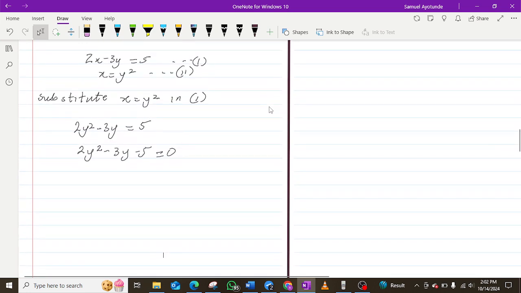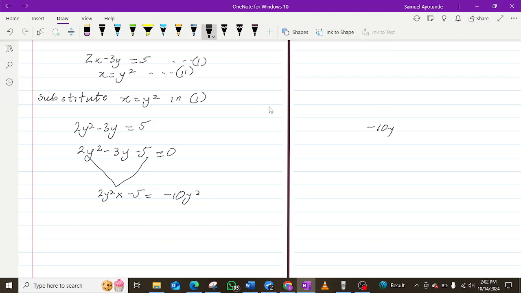So from here, I solve the equation. We need to first multiply this and this. So that will give 2y squared times minus 5, which is minus 10y squared. So I'm looking for two values whose product is minus 10y squared, and whose sum or difference is minus 3y.